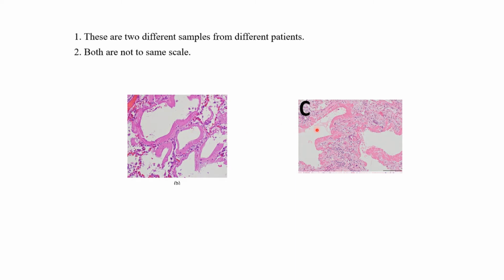These are two different samples from two different patients. Both are not to scale, but there are important issues to be discussed here. So there is the hyaline membrane of this alveolus. There is the hyaline membrane of this alveolus. Look, they're still close together. The stuff in between them is not very thick.